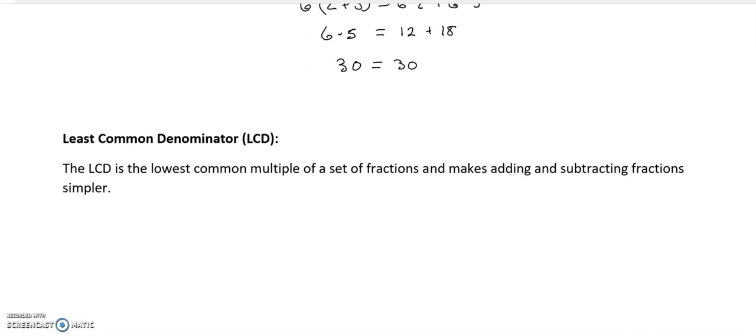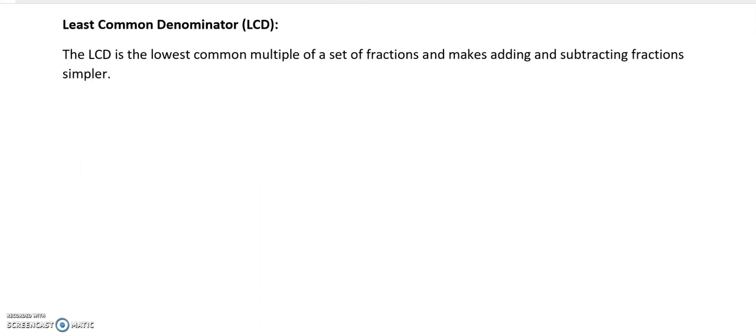The least common denominator, that is something that will be really useful in several instances, and so I want to define it. The least common denominator, or LCD, is the lowest common multiple of a set of fractions and makes adding and subtracting fractions simpler.